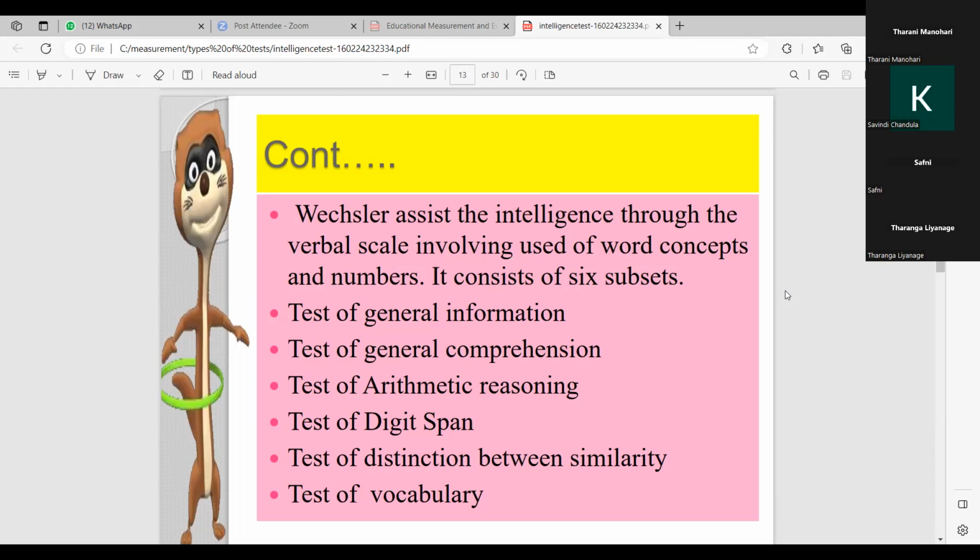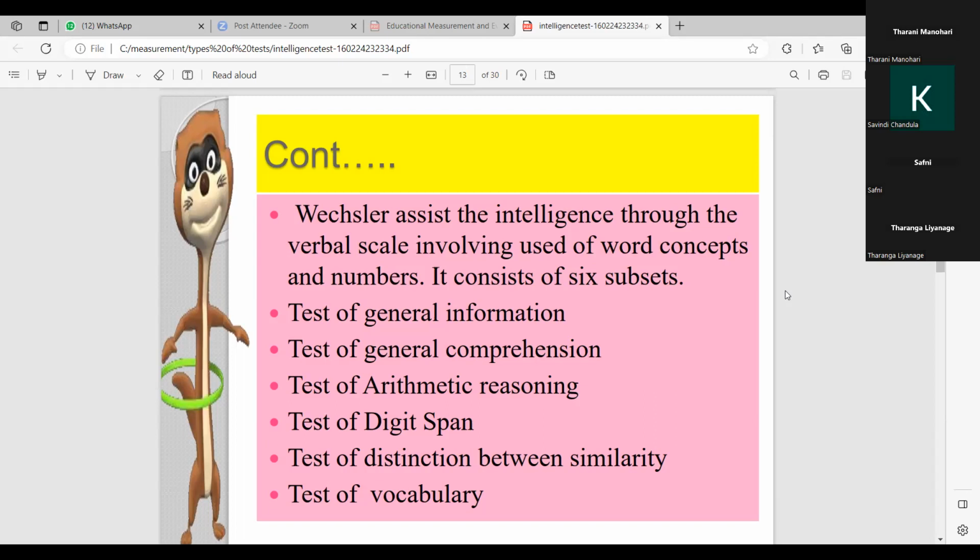So the task is to find the missing parts, missing things in the student's picture. So finding the differences within similarities. Otherwise, the 2 pictures look almost similar, but very simple, very small parts are missing. So we have to find them. So that's finding the distinction between similarity.